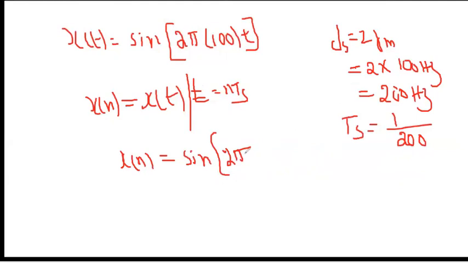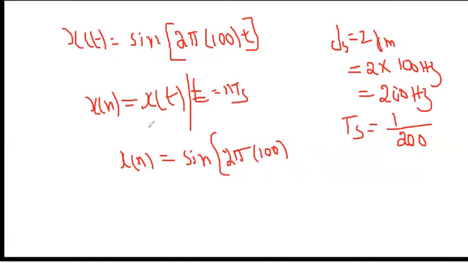Okay, my dear students, 2 pi into 100, the fm already given, into t, and t is now n into 1 by 200.